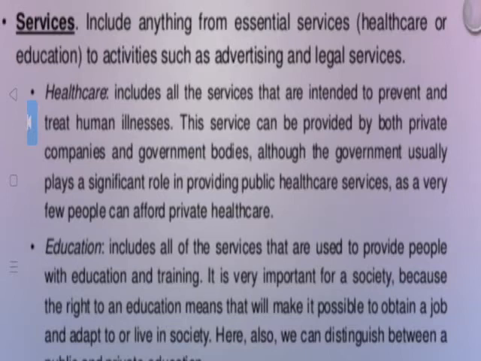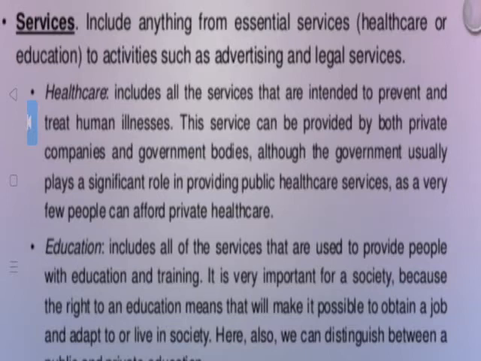Healthcare is anything related to your medical issues, your well-being. This service can be provided by both private and government bodies. Although the government usually plays a significant role in providing public healthcare services, as very few people can afford private healthcare. You all have seen during COVID-19 that a lot of facilities were given by the government, and you can hear a lot of other things also which have been provided by the government.